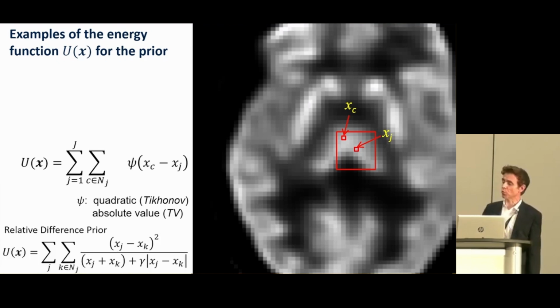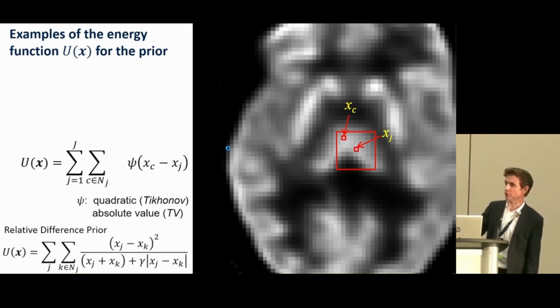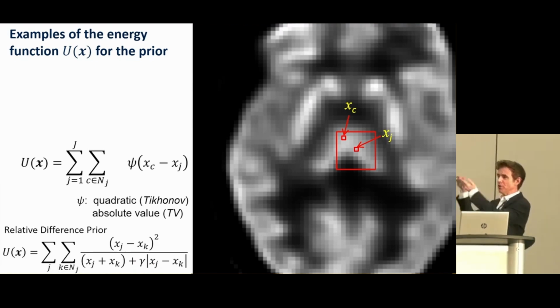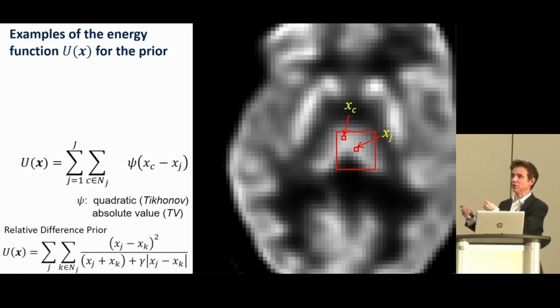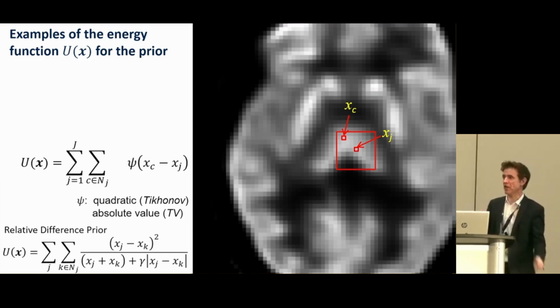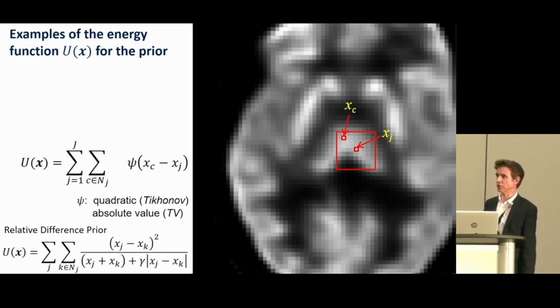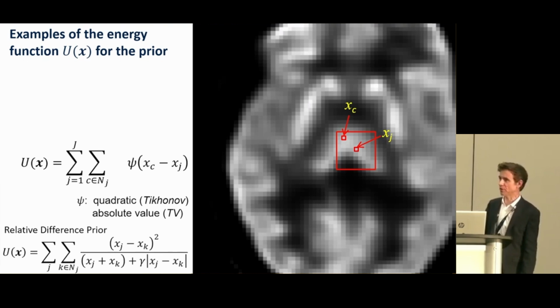And then one that's already been shown earlier today, the relative difference prior, is like a modified version of that where we take into account the overall magnitude of the pixel values that we're looking at the differences between. So we begin to account for the relative difference, if you like, rather than the absolute one. So we don't want to unduly penalize values just because they're large.